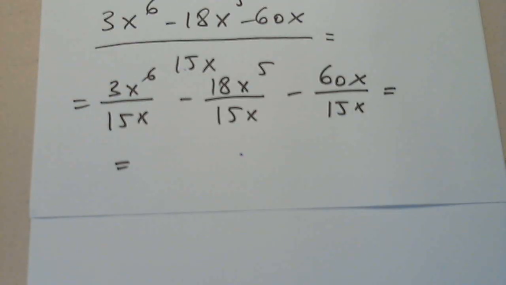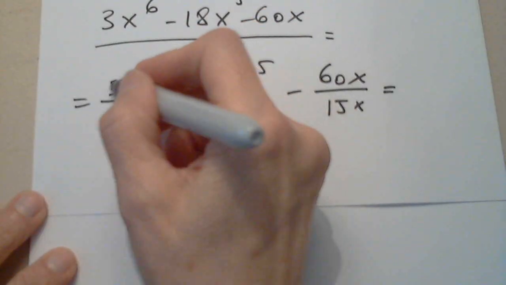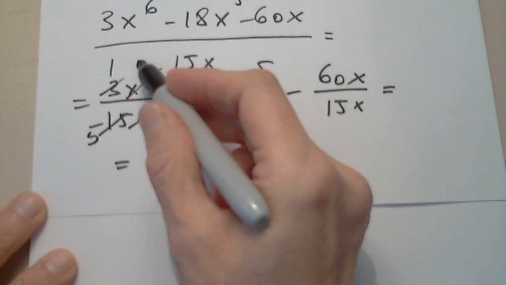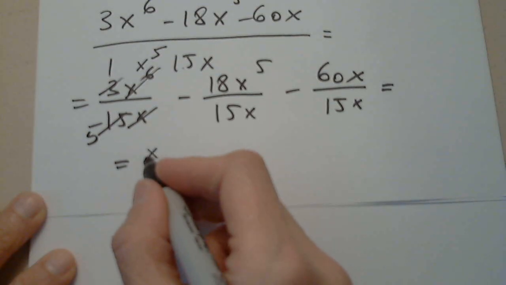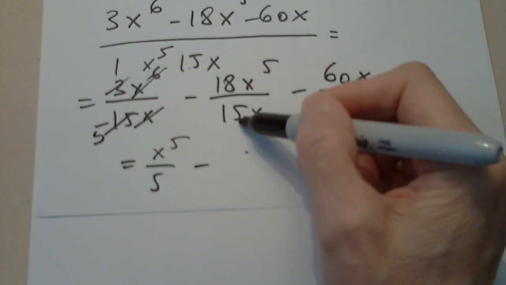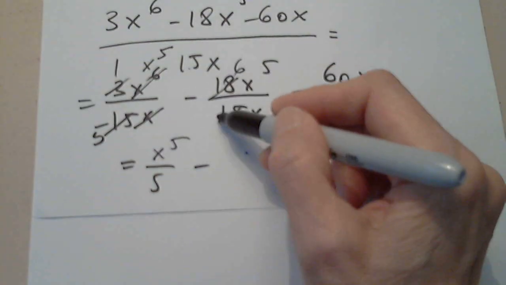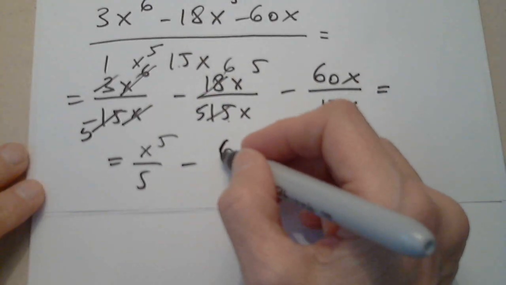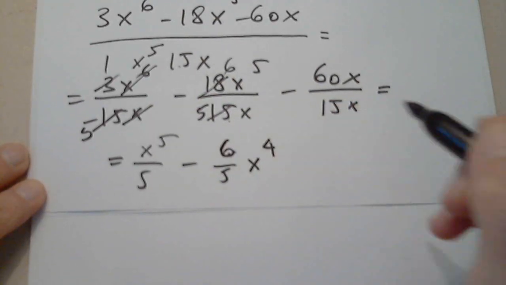Okay, so when we simplify by 3, and we simplify by x, we have x to the 5th left. So x to the 5th over 5 minus. We simplify by 3, and we get 6 over 5, and I will remove one x. So 6/5 x to the 4th.